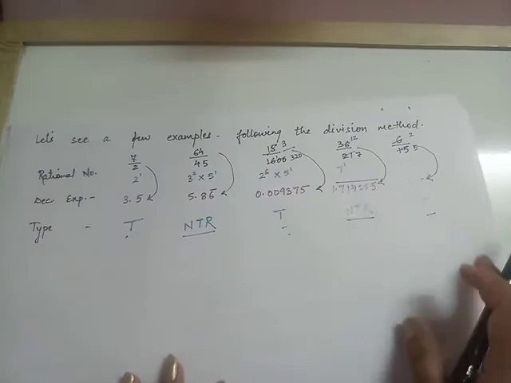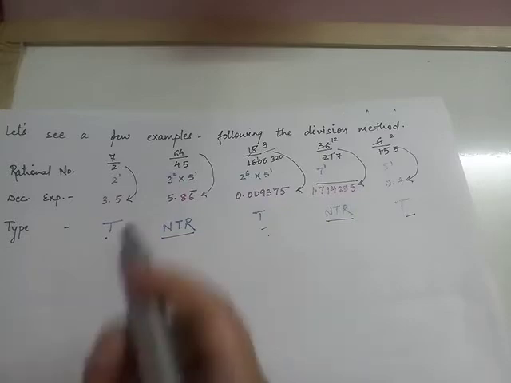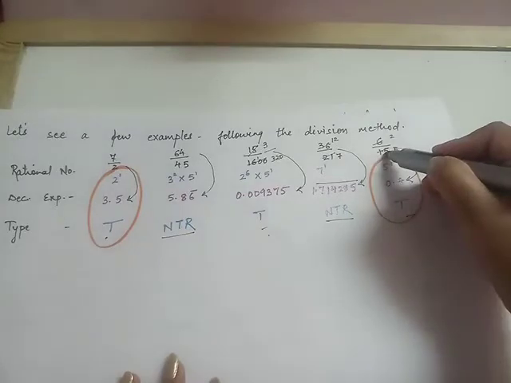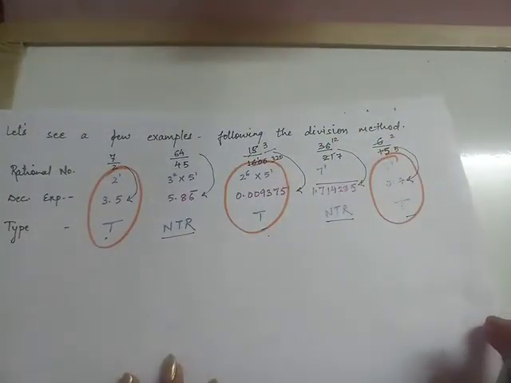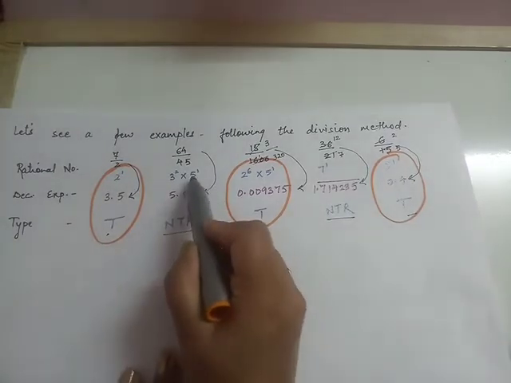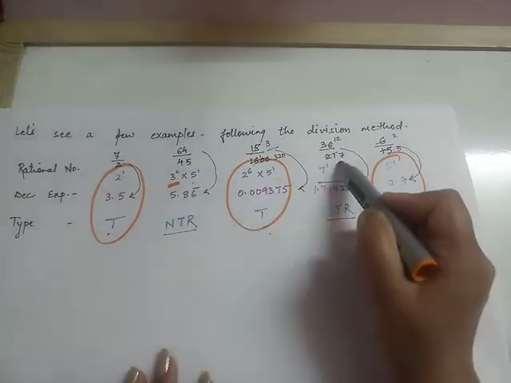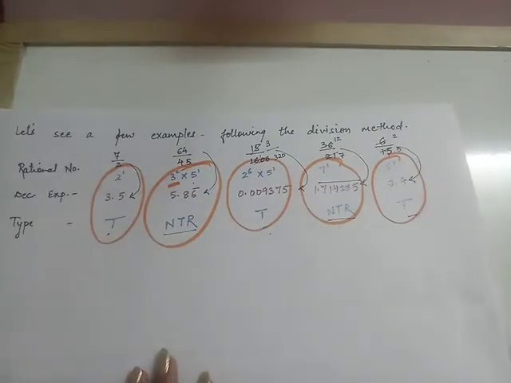Now I find out that those denominators which had 2 or 5 or both have terminating decimal expansion, while those which have any other prime number except 2 or 5 are non-terminating. Yes, this is what we were looking for.